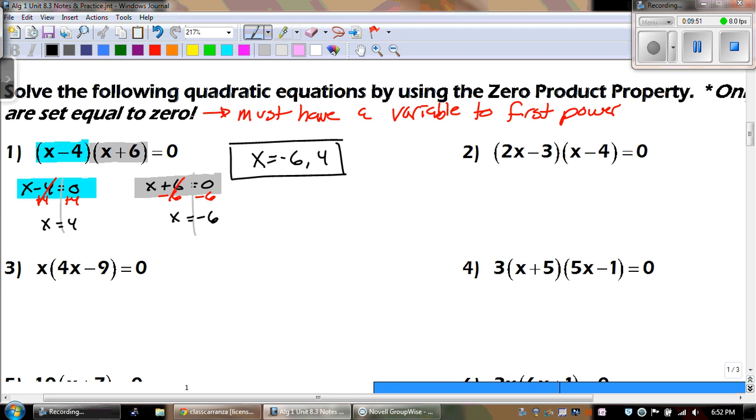Let's look at number 2. So once again, we have our two binomials right there, and the key thing, guys, is it's set equal to 0. So we have to solve. We set both of those binomials equal to 0. So 2x minus 3 equals 0, and x minus 4 equals 0.